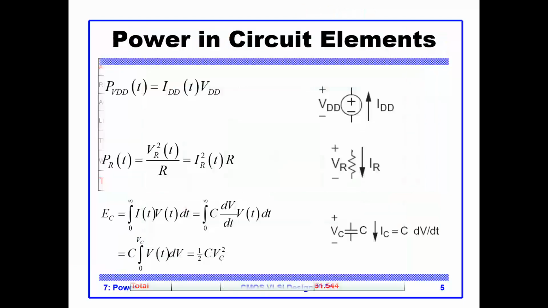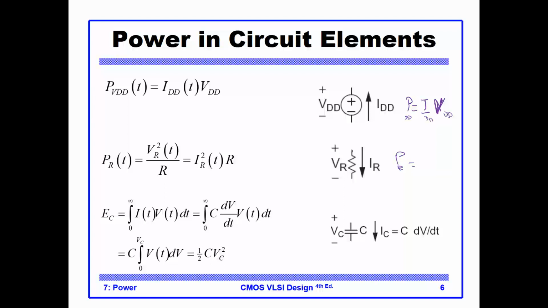Now, just a reminder here is that the devices that we deal with are either a power supply, and in the case of the power supply, the power equals the current produced by the power supply times the voltage of the power supply. For a resistor, the power, PD, is the current times the voltage.